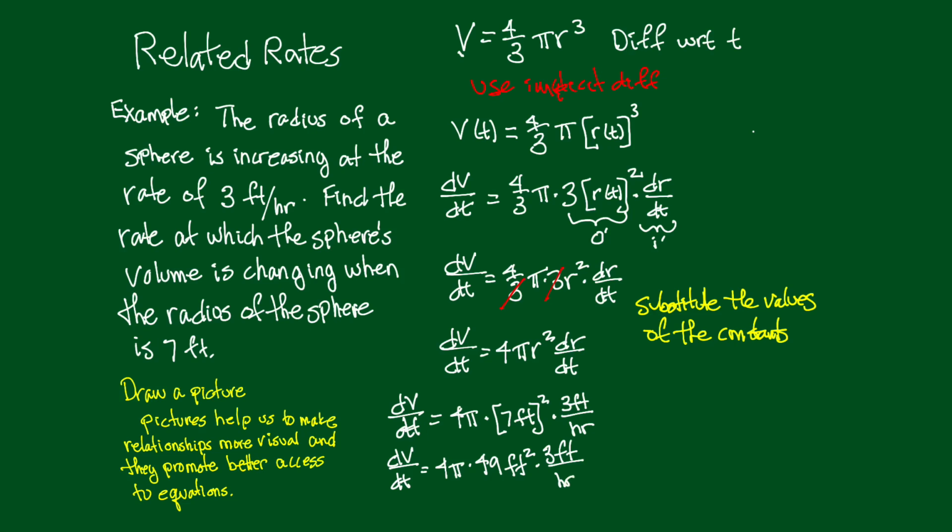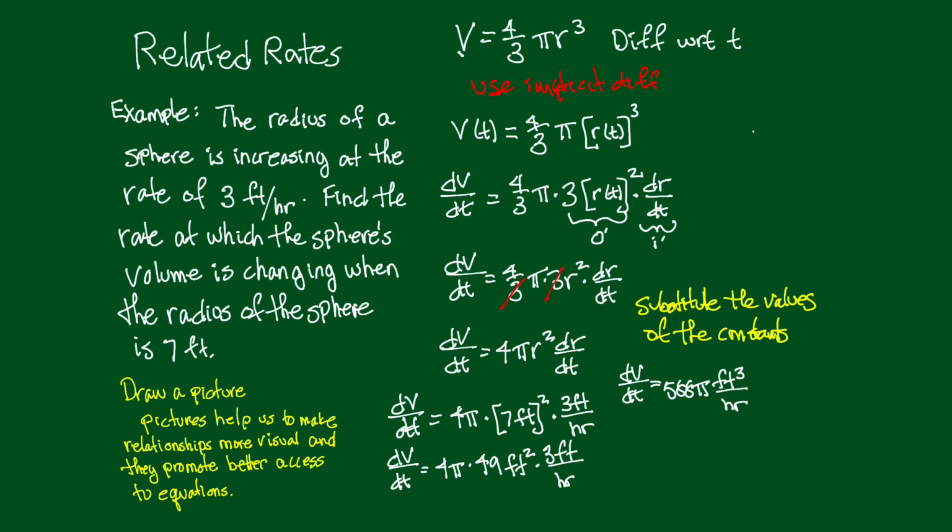Then we'll multiply the 4, the 49, and the 3. We get 4 times 49 times 3, which on my calculator is 588. So 588 pi. Now look at the units here. I've got feet squared times feet, which is feet cubed. So this is cubic feet per hour.